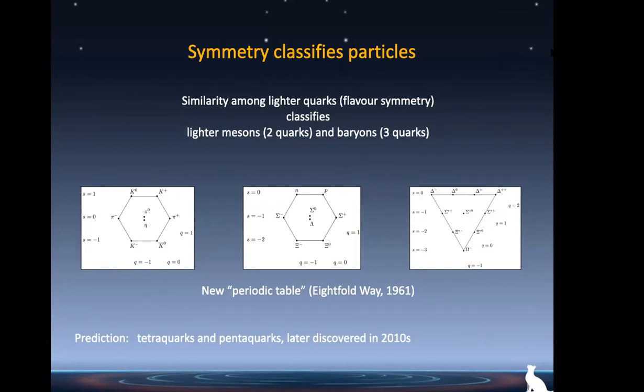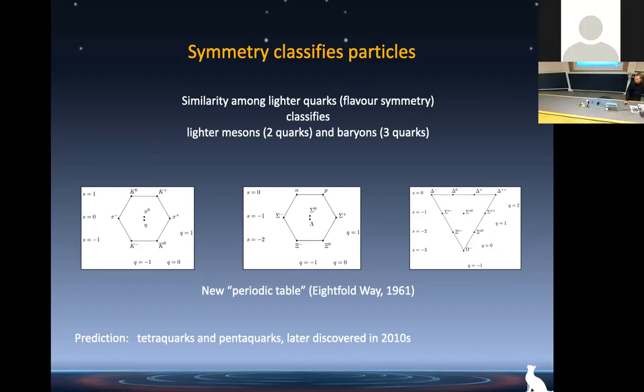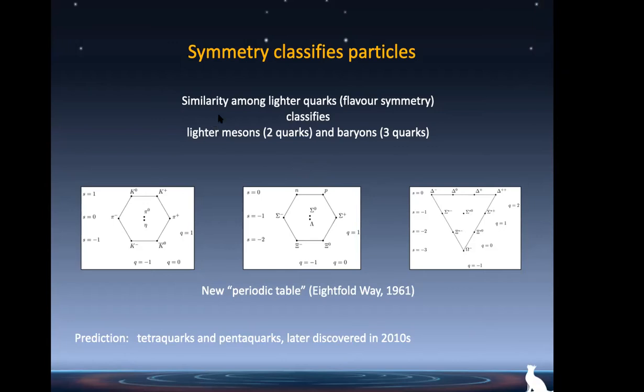In some sense, people came up in the 60s with a sort of periodic table, a new Mendeleev table for all these mesons and baryons. And again, the classifying principle, without going into details, is, lo and behold, symmetry.